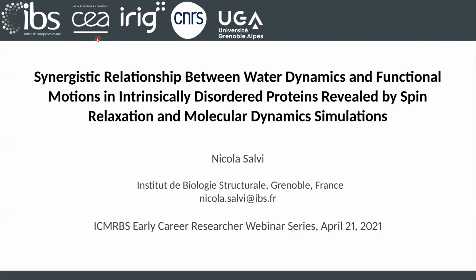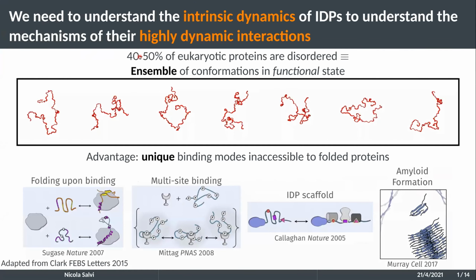So thank you very much for this opportunity to speak today and to present our work on intrinsically disordered proteins. As most of you probably know, a significant percentage of the proteome of eukaryotic cells is intrinsically disordered.